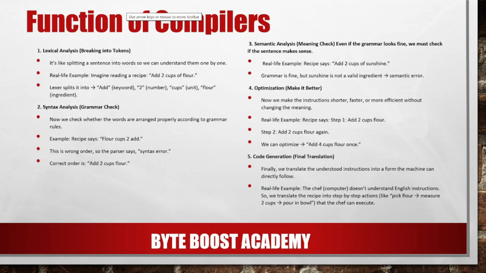Next comes the step of optimization, meaning how can we make it better? If we concentrate on the real life example, step 1 says add 2 cups of flour, and in the second line we write add 2 cups of flour. So these two lines we can optimize, such as add 4 cups of flour once.